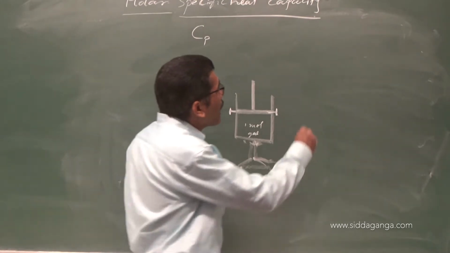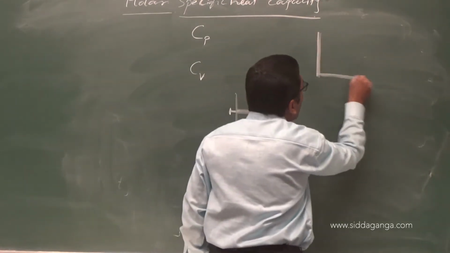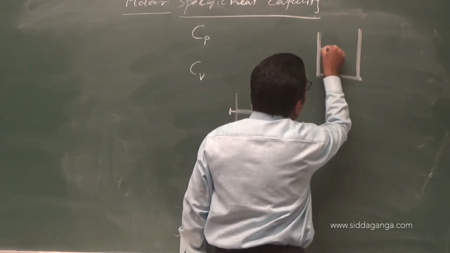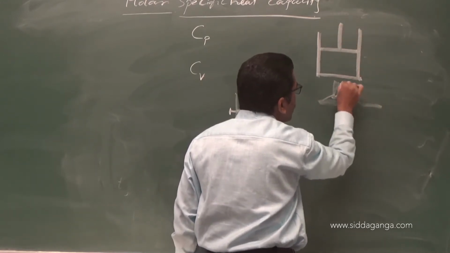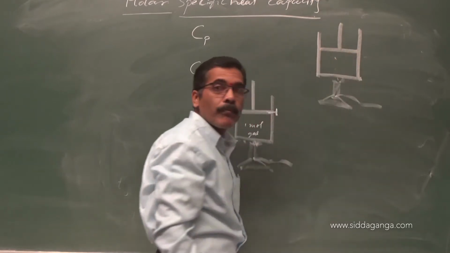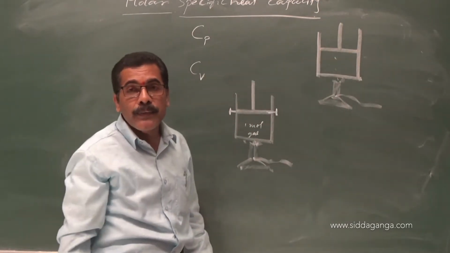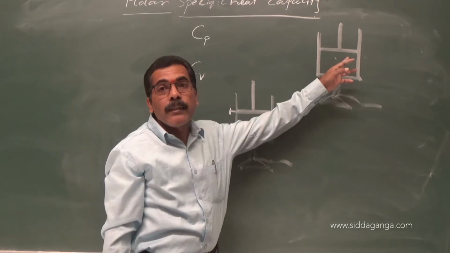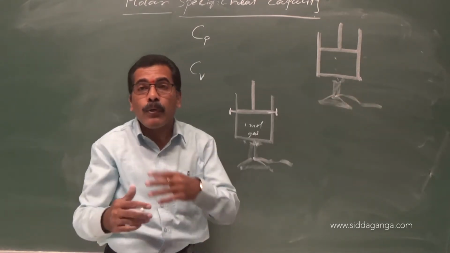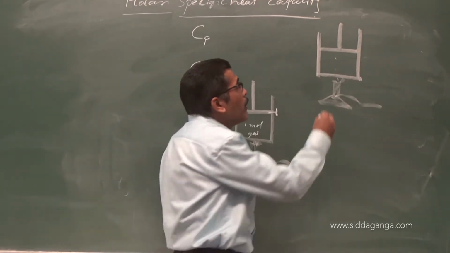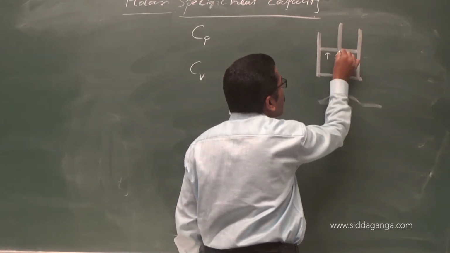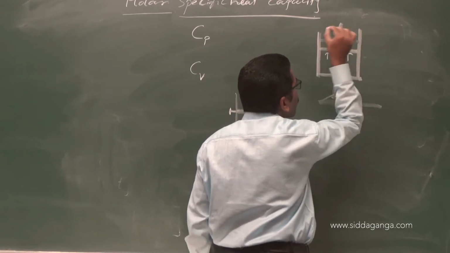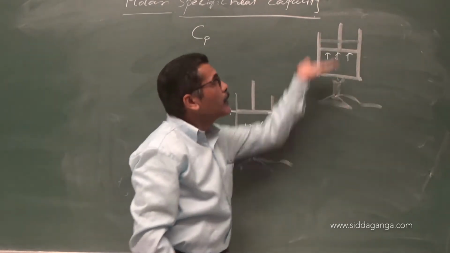Now, let me take another situation where the piston is allowed to move. When you supply heat, the amount of heat supplied not only increases the internal energy but also does some external work. The gas pushes the piston upwards.